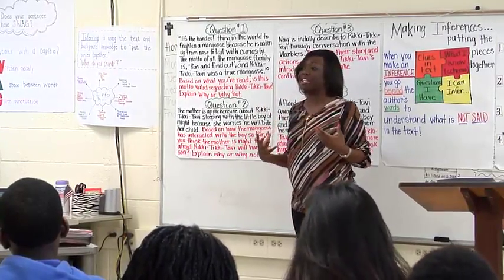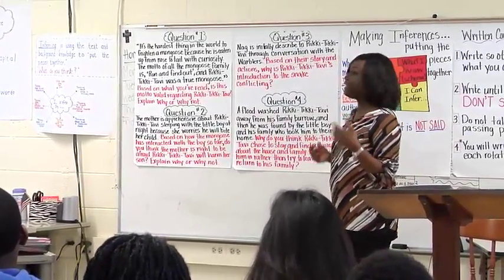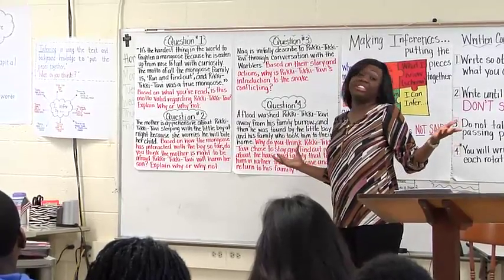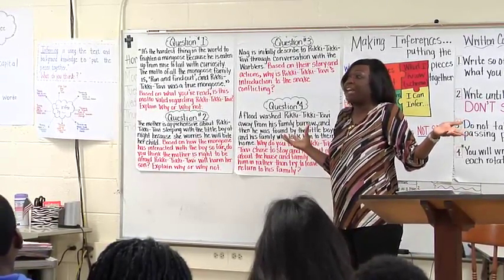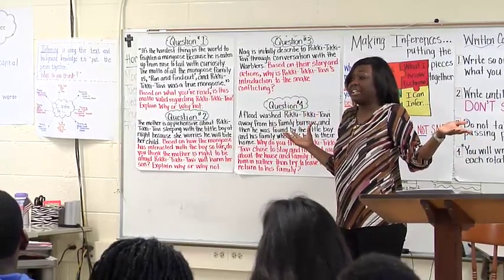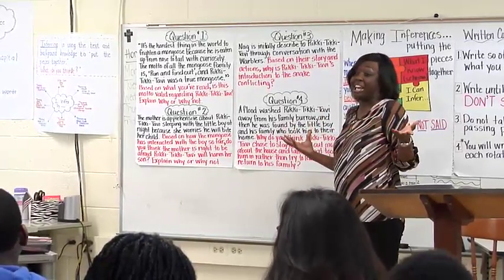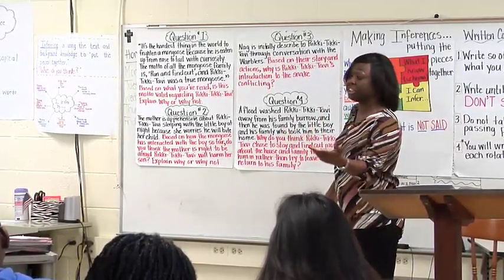Explain why or why not. So, everybody understand that question? All right, tell your friends why. How many of you think she is right to be worried? How many of you think she has no worries? All right, explain to your friends, explain to me why you feel she has no worries. All right, or she should not be worried.